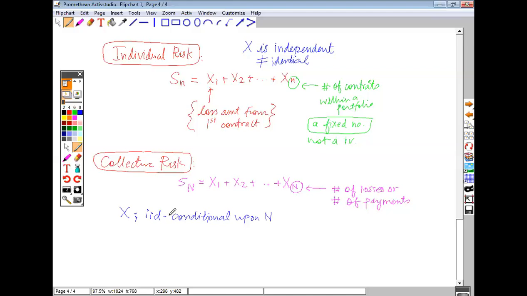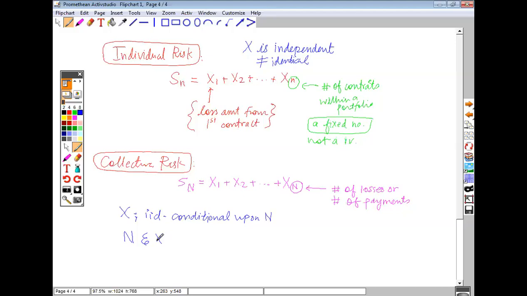All right. The next thing that we might have to look at is the relation between this N and this X. What do you think? Does the amount of claim depend on the number of claims? So let us say there is inflation in the economy.